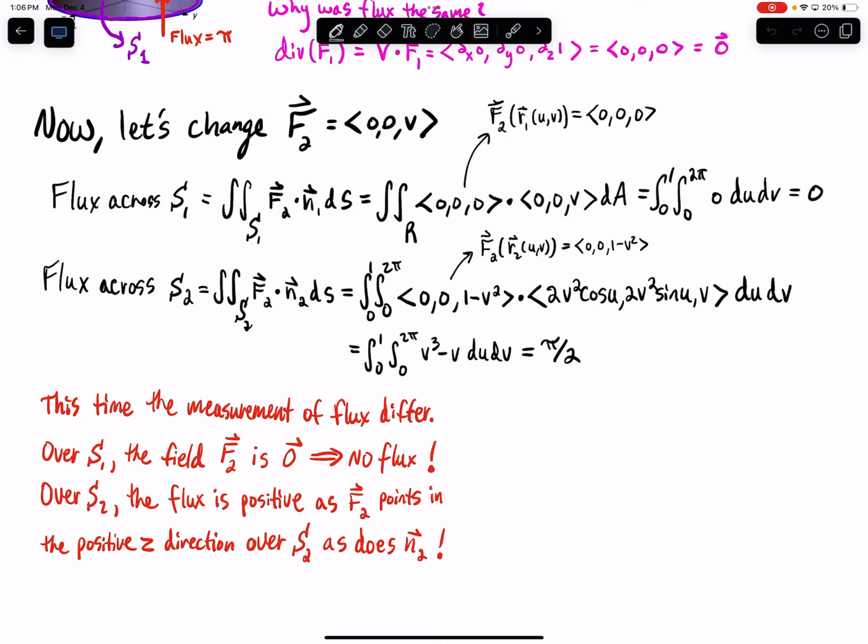The flux across S2, right? You do your whole song and dance, you plug that in, you get this thing here. Dot it with that, so you have 1 minus v squared times v, gets you v cubed minus... No, it doesn't. Why did I do the negative of that? That would be v minus v cubed.